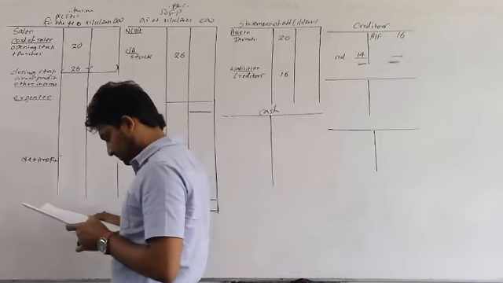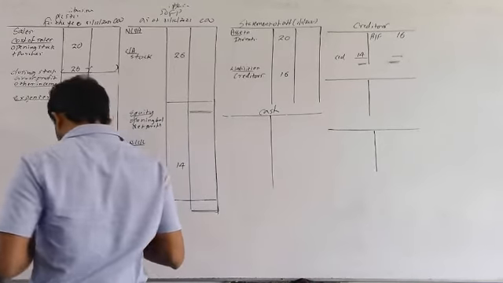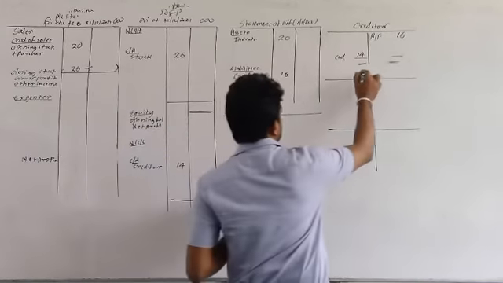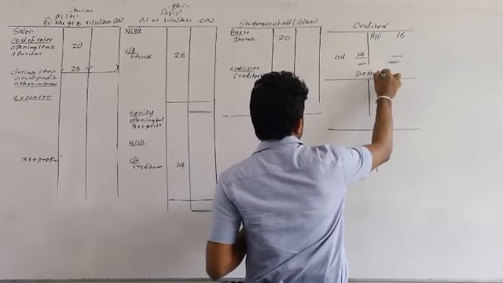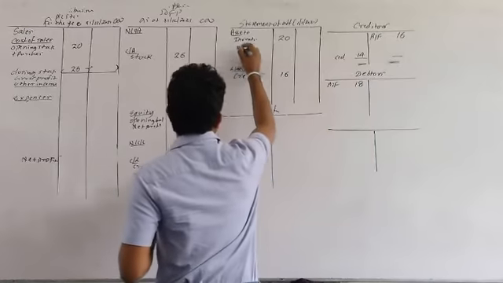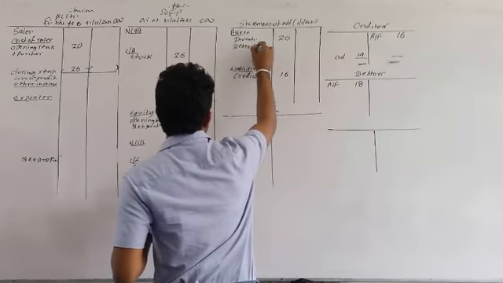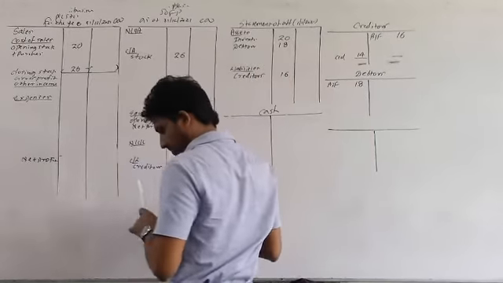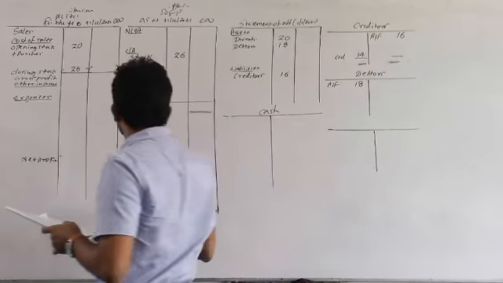Pay. Debtors, balance 80. That's the opening balance. Closing balance 22.